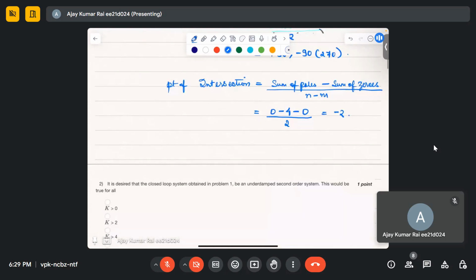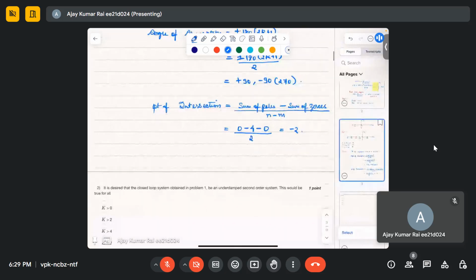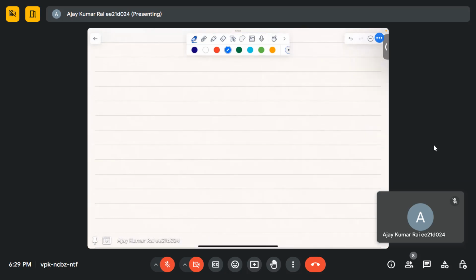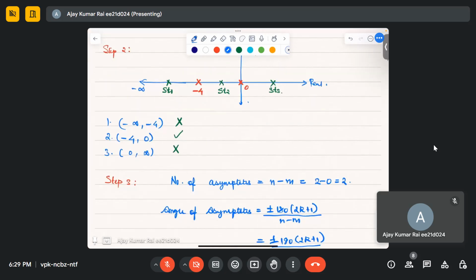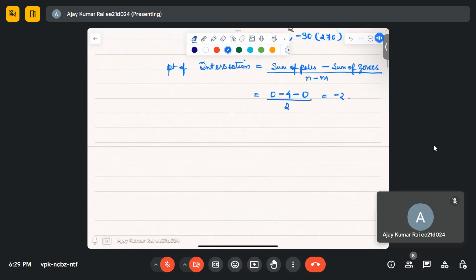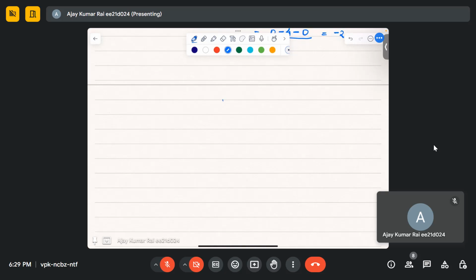Again, let me draw the root locus here, and we have now found this. I'm just drawing the asymptotes.